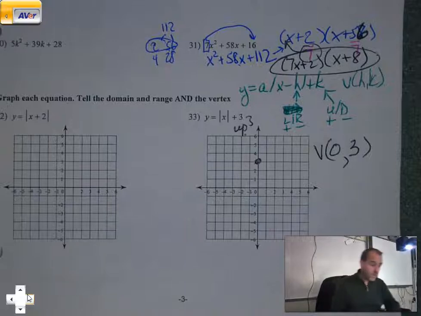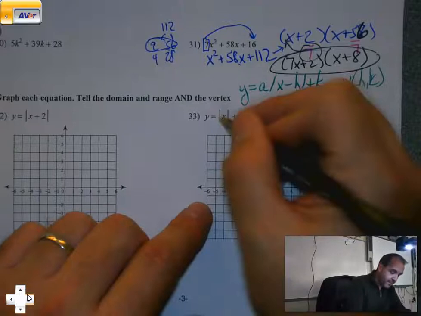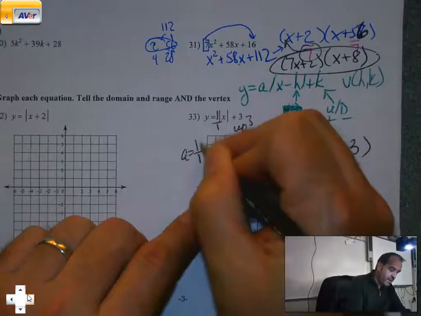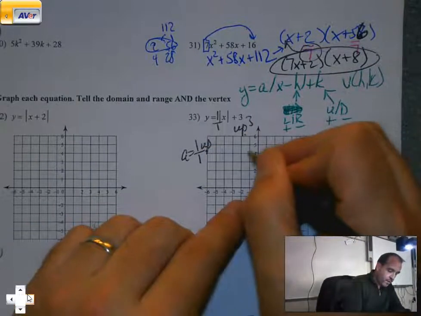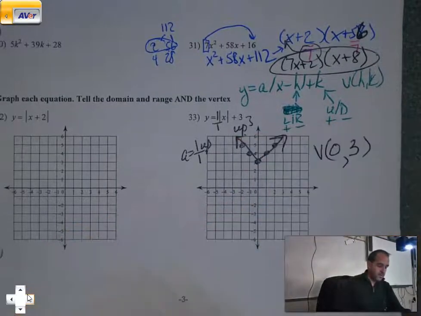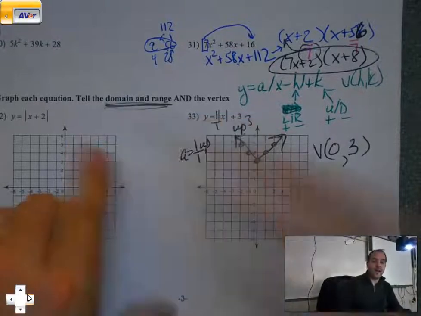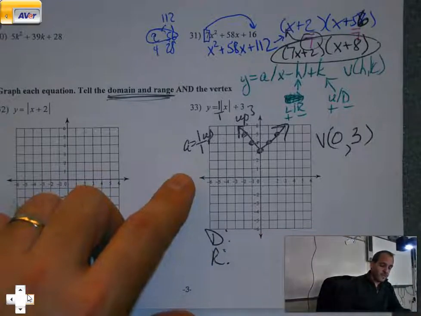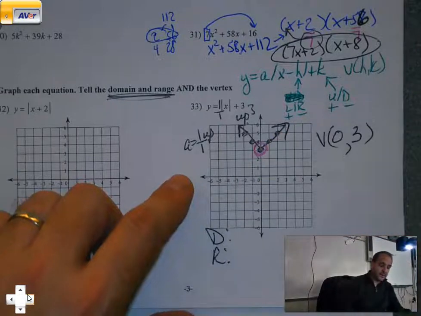And then, when you go to make your graph, not a line, my a value is 1 over 1. Opening up 1 over 1. Both directions. And read the instructions, domain and range. That is the critical point, your vertex.